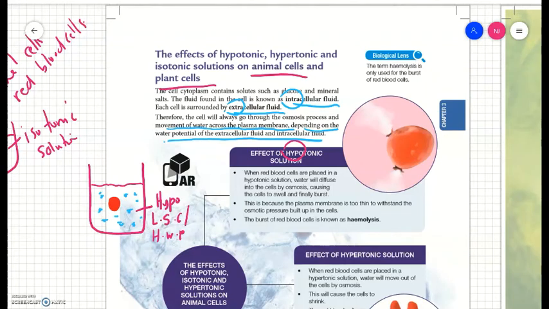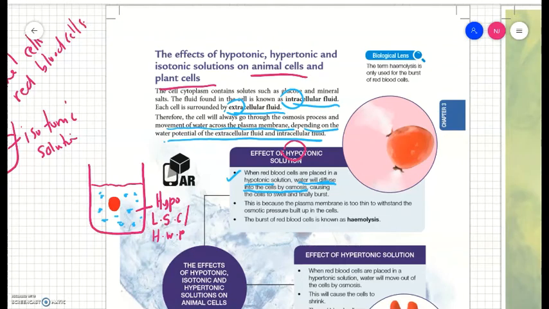Okay, so we look here, you can refer on your textbook, when the red blood cell is placed in hypotonic solution, water will diffuse. Okay, you must use diffuse. Kalau move in, move out tu macam kurang tepat lagi. You need to use diffuse into the cell by osmosis. Okay, kenapa dia diffuse into pula?